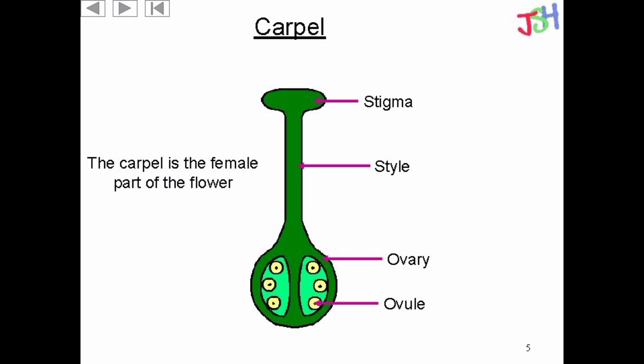Next is the style, the middle long part of the carpel which connects the stigma with the ovary. And the ovary is the basal swollen part of the carpel. The ovary bears several ovules. A female gamete called ovum or egg is produced in each ovule. The ovary may be unilocular when there is only one chamber, or multilocular when there are many chambers.